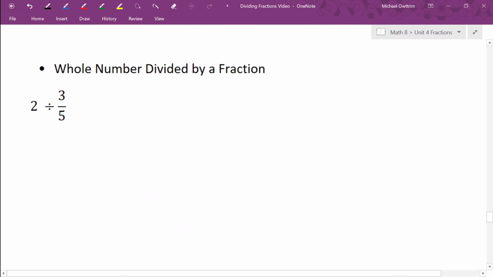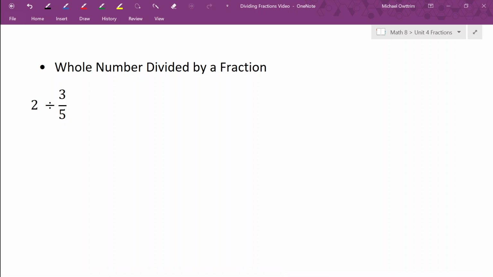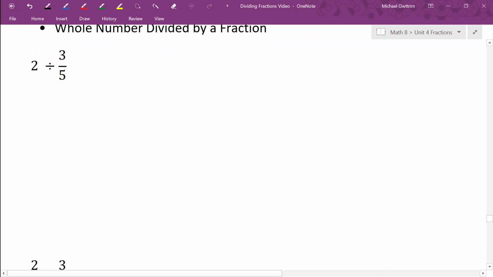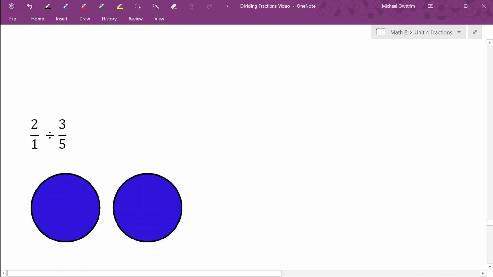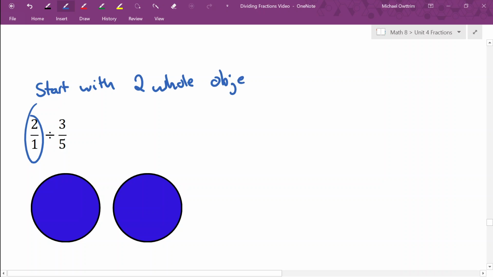So let's start out by taking a look at a whole number divided by a fraction. So something like 2 divided by 3/5. I'm going to start by thinking about my 2. I do know that my 2 is 2 out of 1, and that means to start with 2 whole objects. First number, dividend, always the amount that you're starting with.